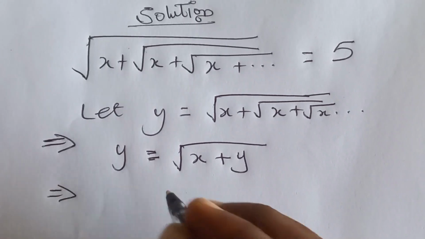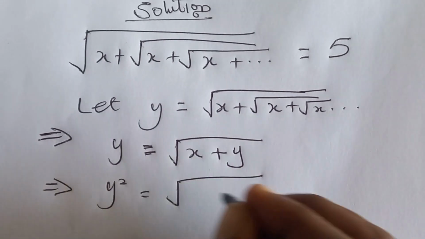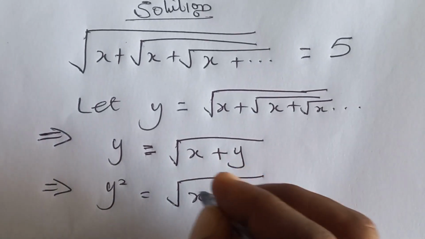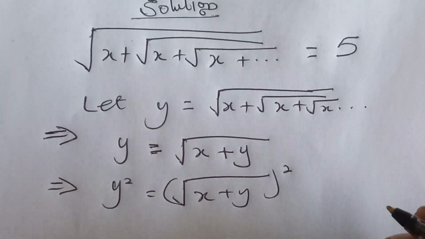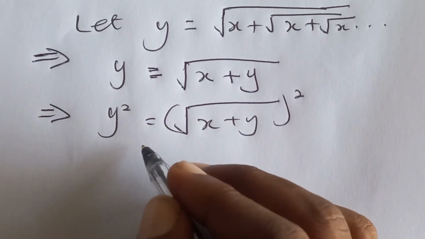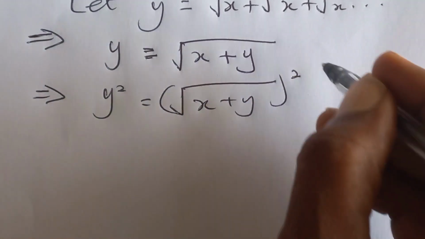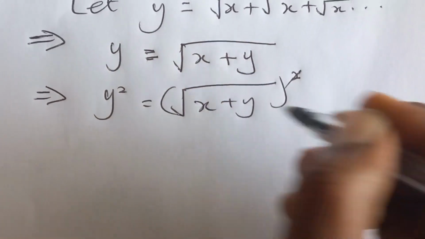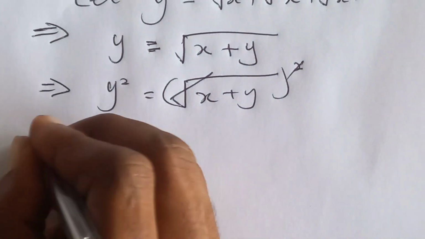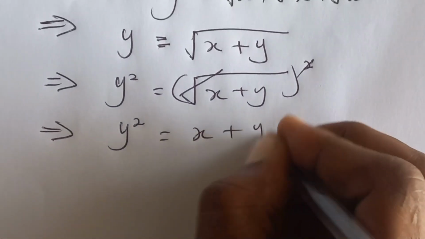Now we can square both sides, so we get y squared is equal to root of x plus y, all squared. We are doing this in order to solve for x. The square cancels the root, so we get y squared is equal to x plus y.